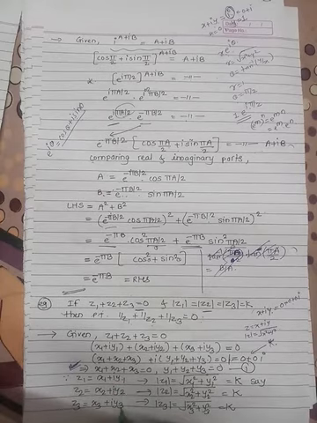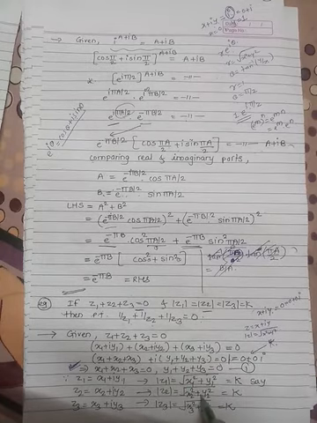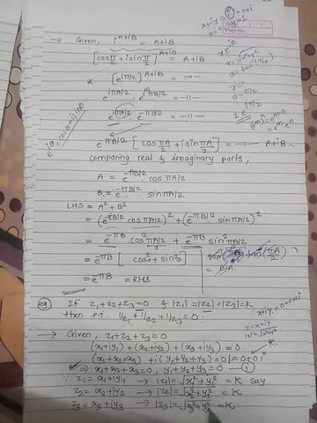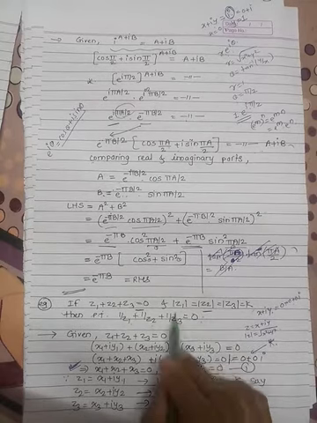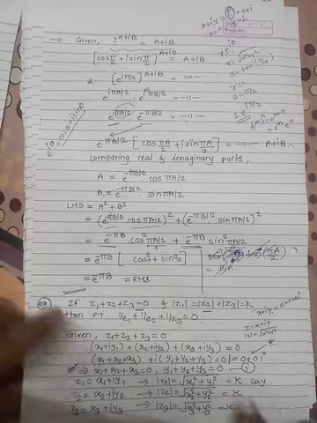So we get mod z1 equal to root x1 square plus y1 square, mod z2 is root x2 square plus y2 square, mod z3 is root x3 square plus y3 square, and it is given that these mod values have the same value, that is k. So write the k.